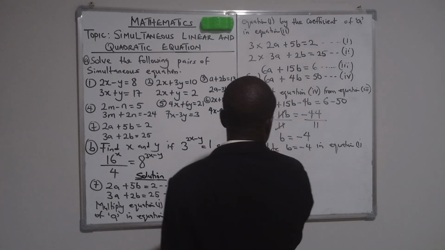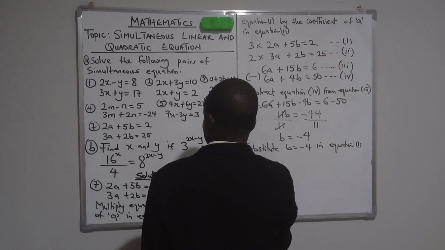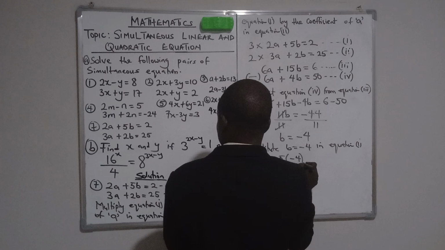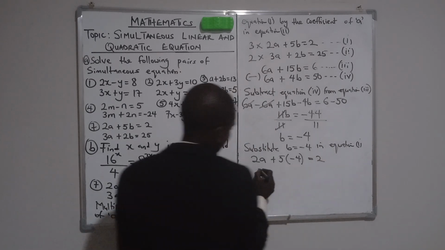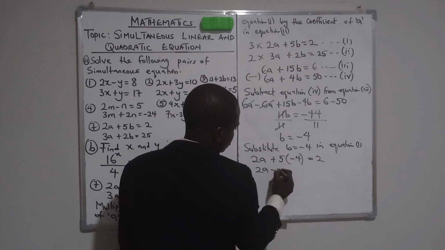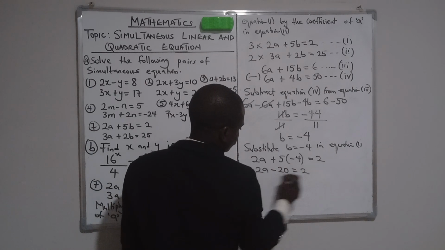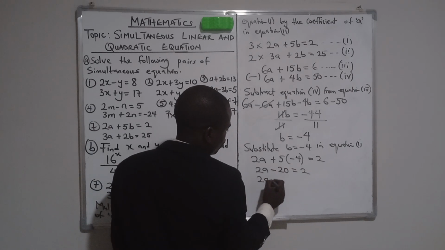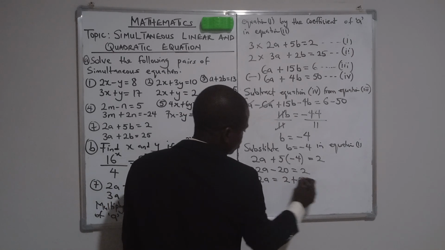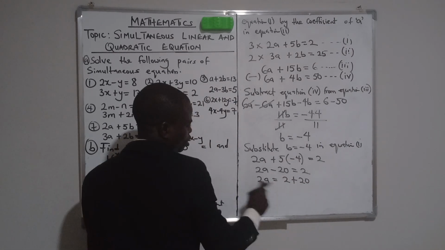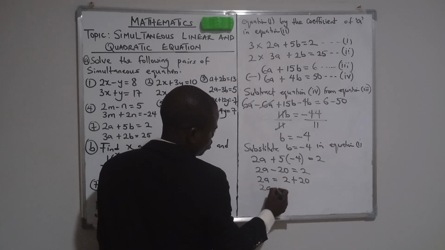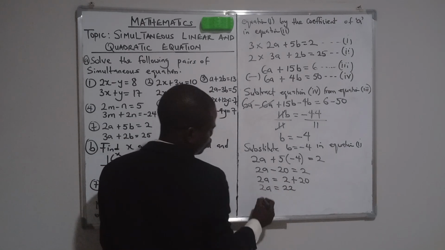Equation 1, we now have 2a plus 5 into minus 4 equals to 2. 2a, 5 times minus 4, that's minus 20 equals to 2. 2a, collect the like terms, equals 2 plus 20. Negative 20 returns to positive 20 when crossing the equal sign. We have 2a equals to 22.